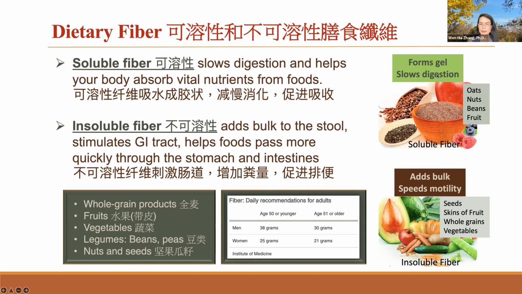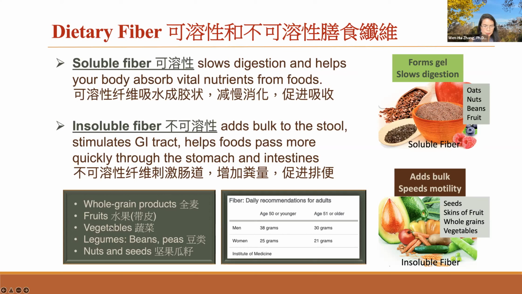Soluble fiber is mostly found in oats, nuts, beans, and the flesh of fruit. Insoluble fiber is in seeds, skins of fruit, whole grains, and vegetables. We just don't need to know which are soluble and which are insoluble.